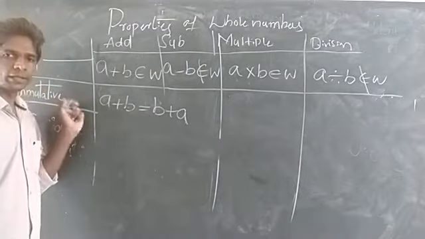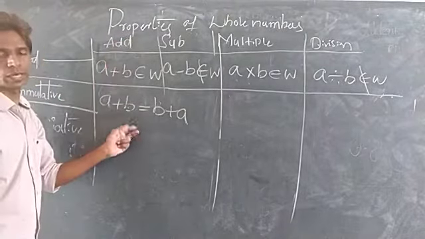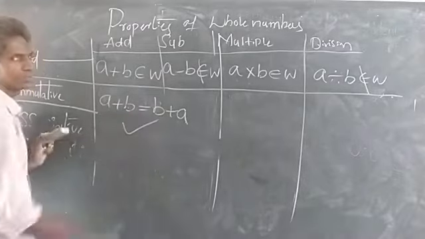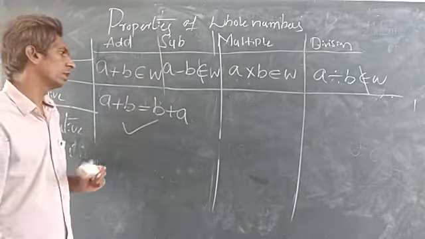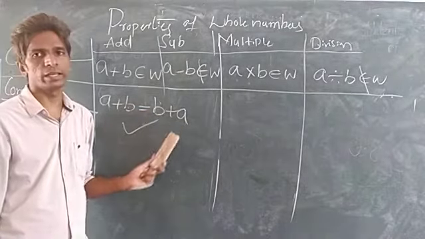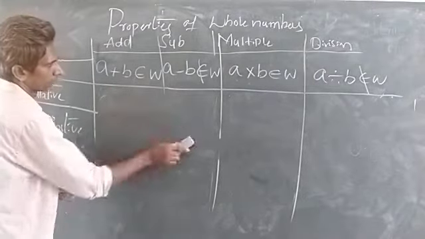So in the commutative law, addition is satisfied in whole numbers. A plus B is equal to B plus A belongs to whole numbers. So that is the first one.